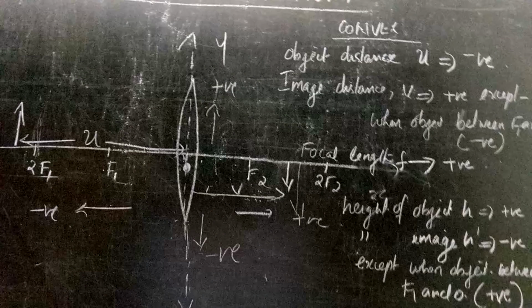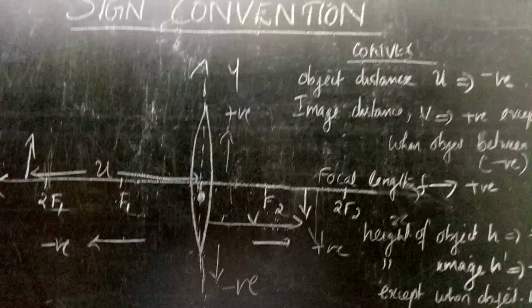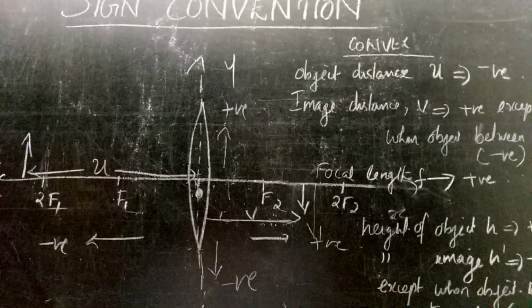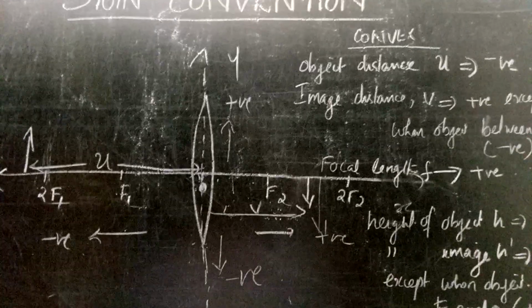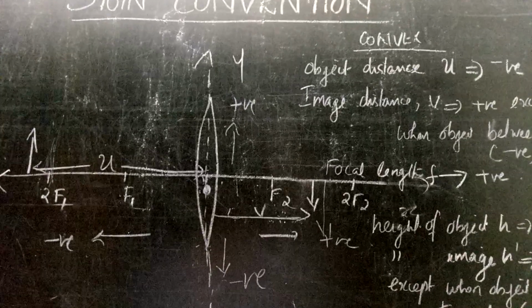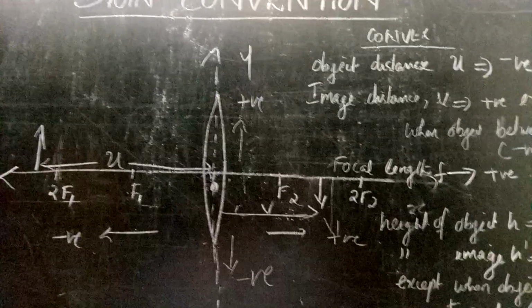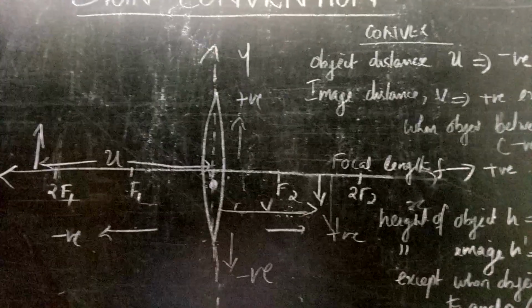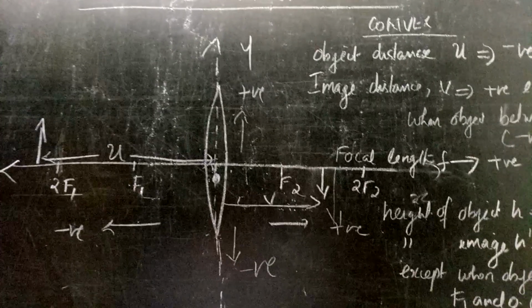So, if asked to explain the sign convention used in spherical lenses, we already wrote the answer for spherical mirrors, isn't it? In that case you have to slightly change it. For mirrors the pole P is taken as origin. Here the optical center is taken as origin. Then all the other statements are correct, but instead of pole we have to mention optical center.